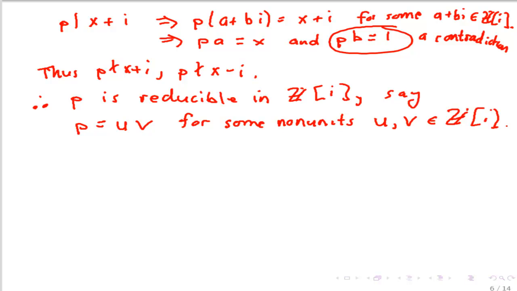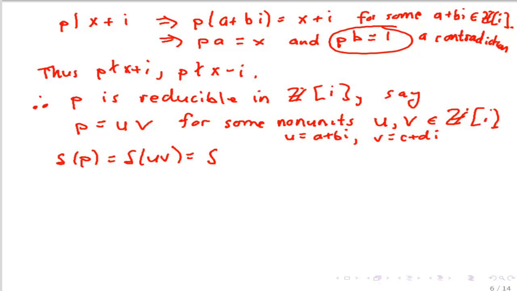Now, let's take the delta function of both sides. So u, let's write as, say, a plus bi, and v is c plus di. So delta of p is then delta of uv, and that's a multiplicative mapping. Recall the delta mapping is just the absolute value squared of a complex number.